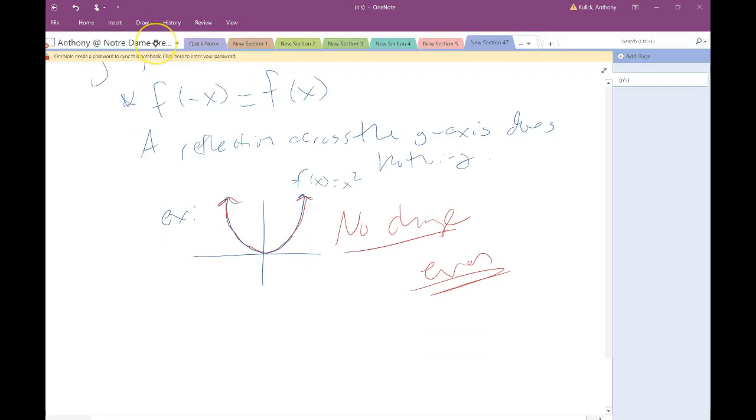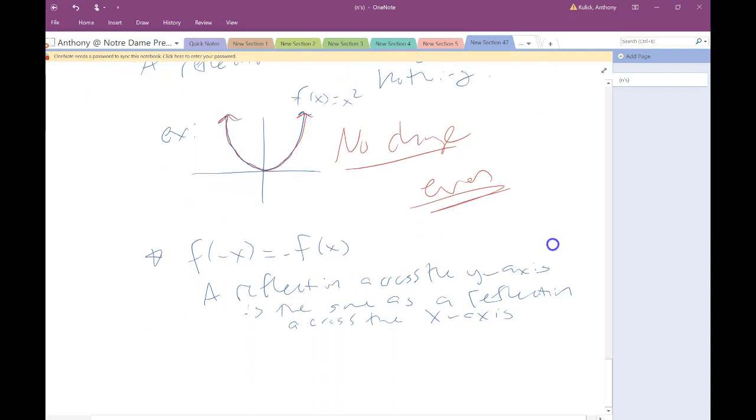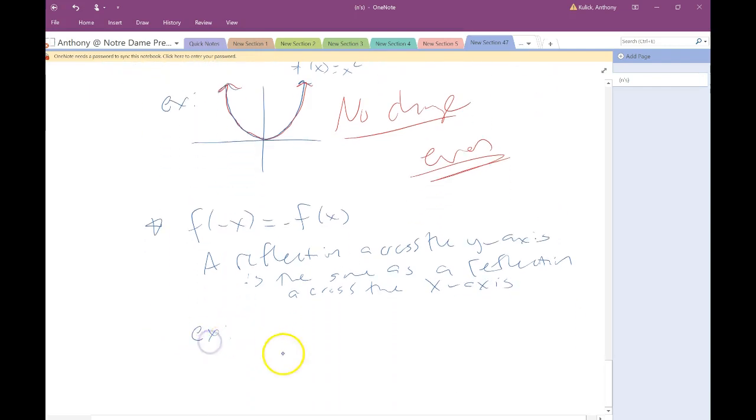If we have an odd function, this means that a reflection across the y-axis is the same as a reflection across the x-axis. So, for example, our graph of y equals x cubed looks like this.